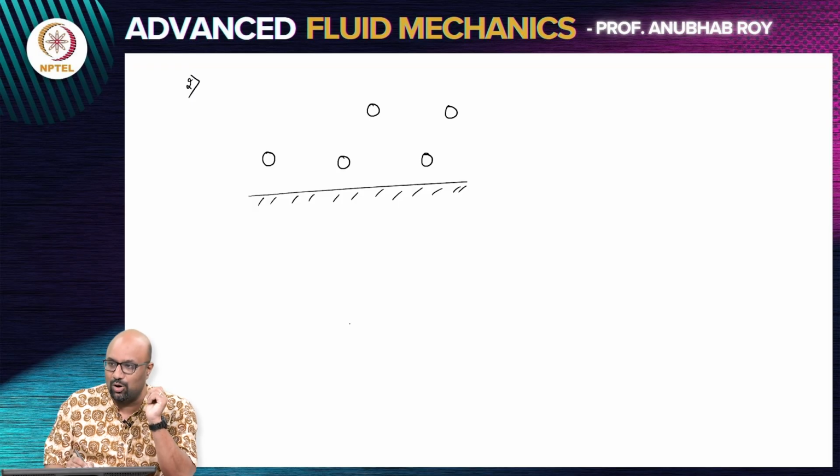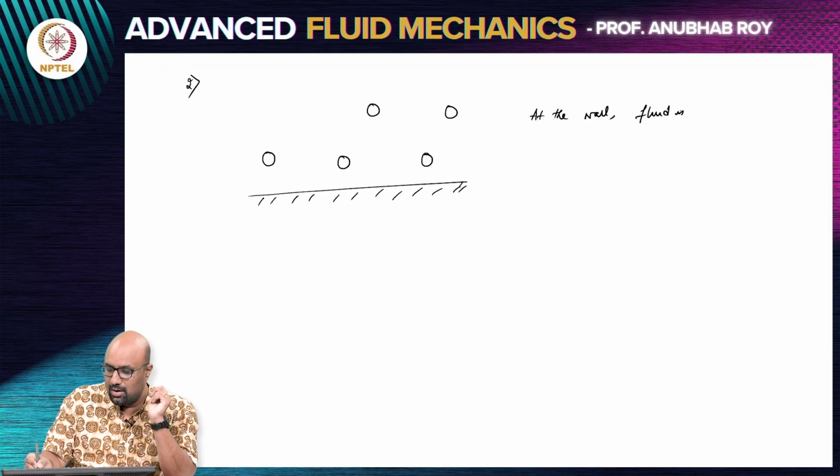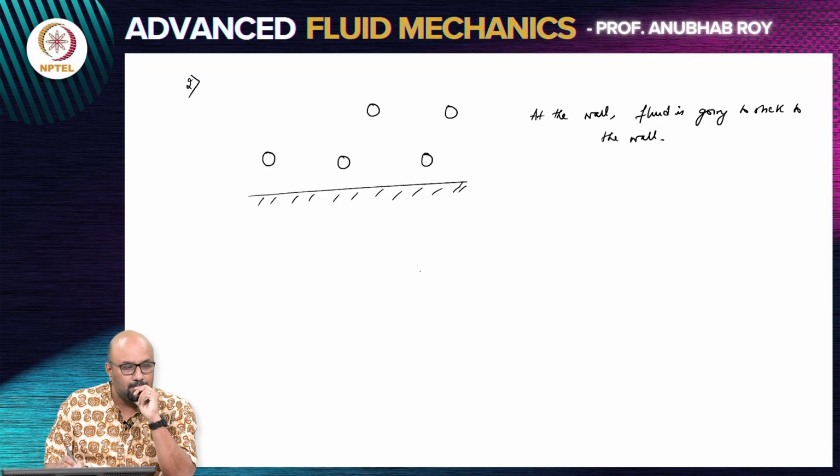Now as it slides over the surface, the boundary condition that we assume is that at the wall the fluid is going to stick to the wall. So the layer of fluid molecules exactly attached to the wall has to stay stuck to the wall. This is what is known as the no slip boundary condition.